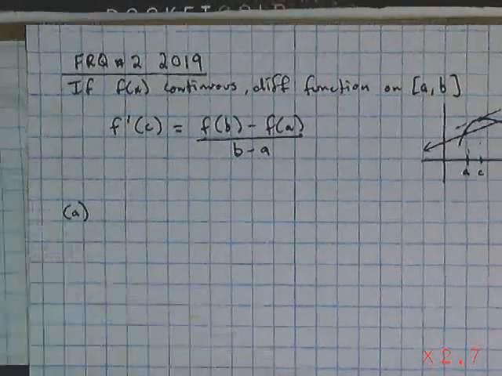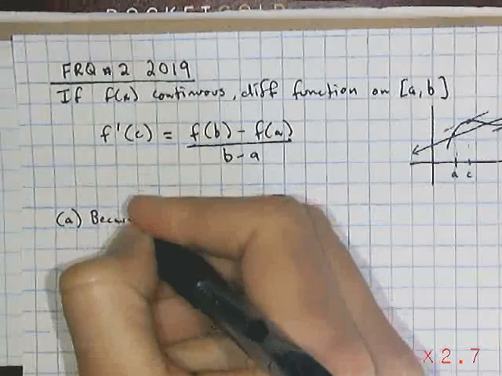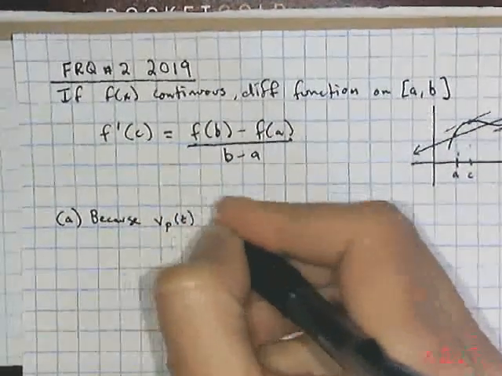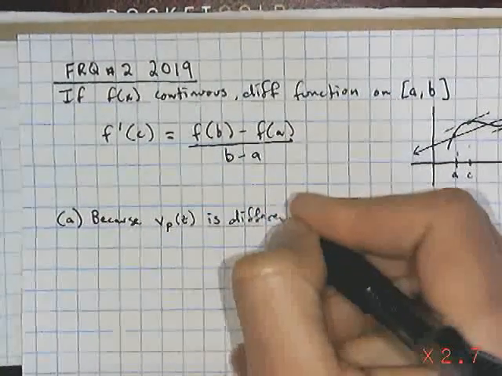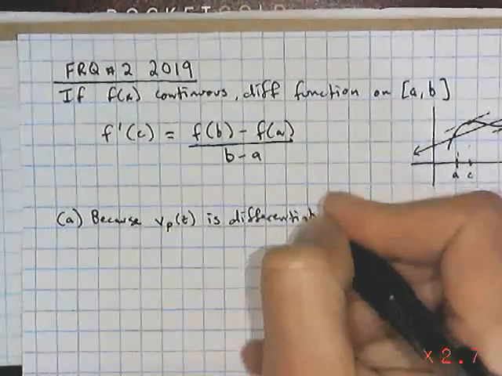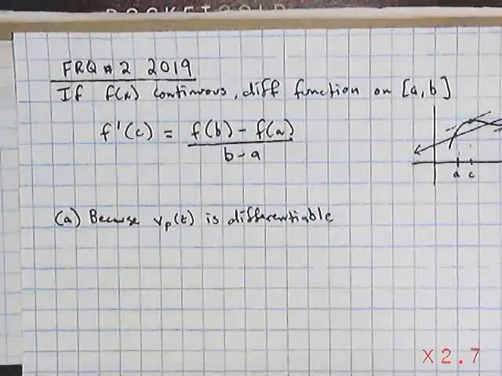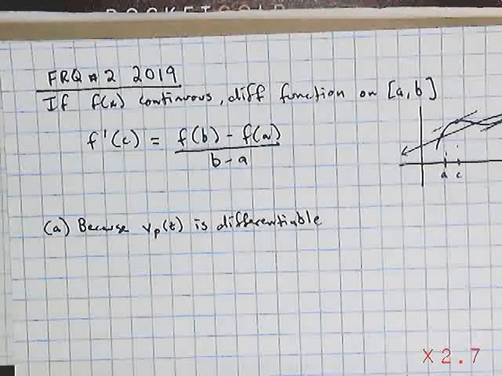But before we do that, we need to say because v sub p of t is differentiable, that guarantees continuity.